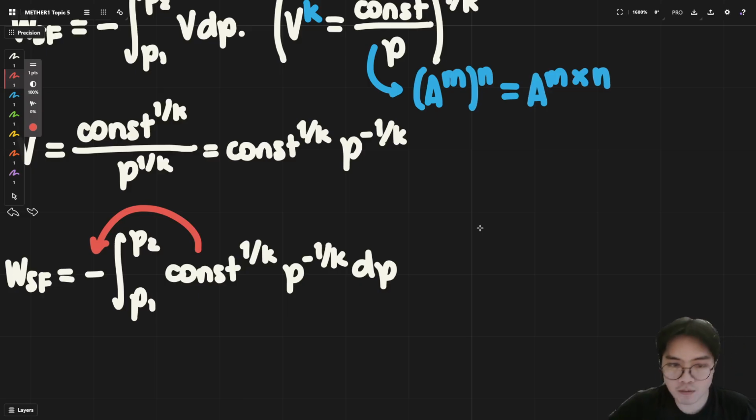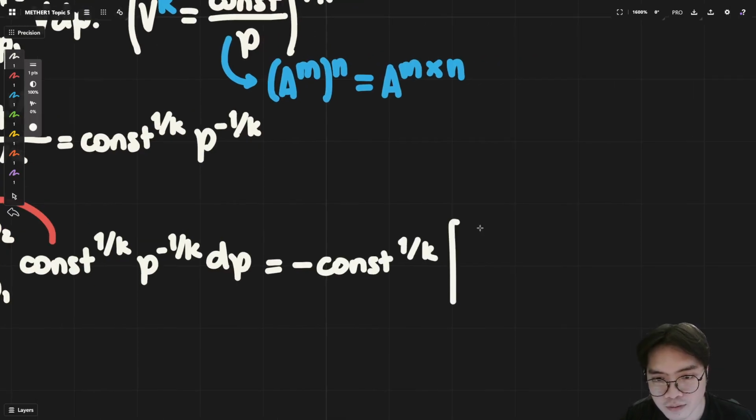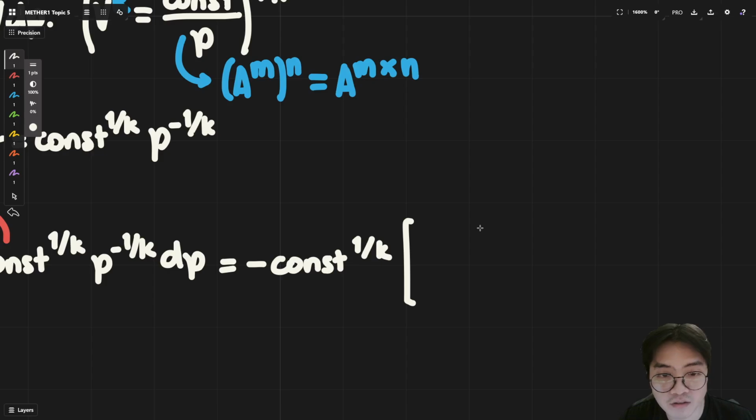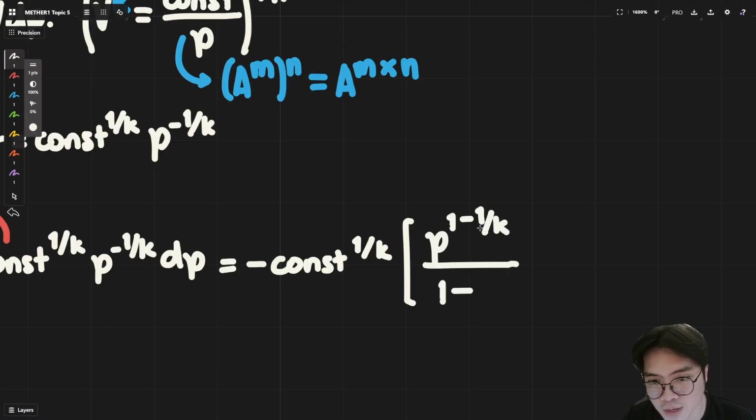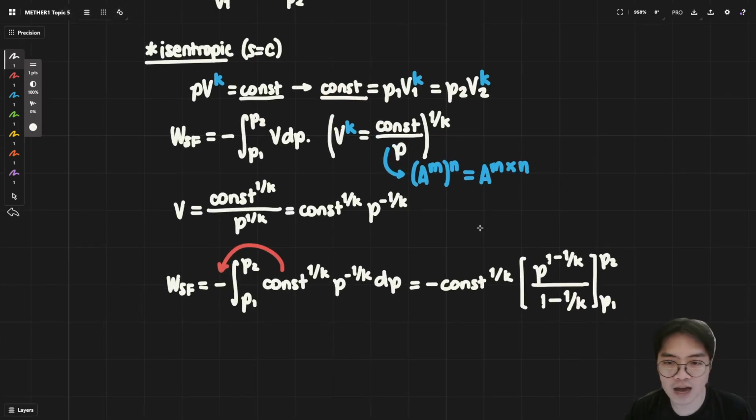Let's move out the constant first, negative constant raised to 1 over k. The reverse power rule states you add 1 to your exponent, and then copy that exponent down here. This is now from P1 to P2. Okay, now what?